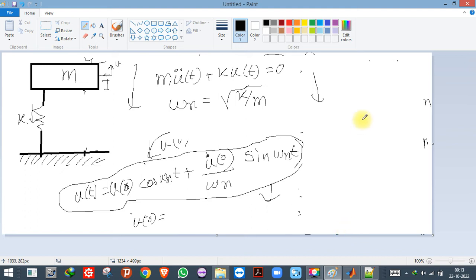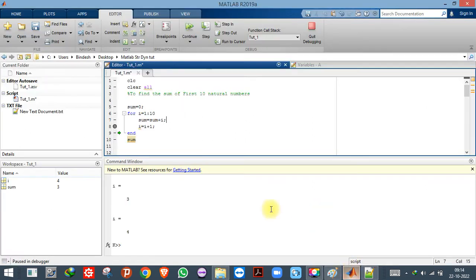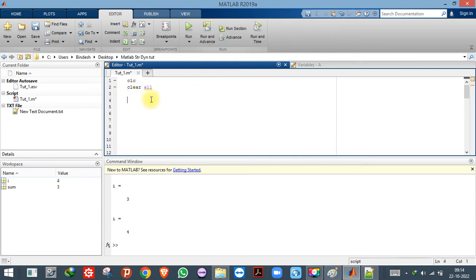Now we'll try to make this code in MATLAB. So let us first quit everything. I'll write U of t equal to, okay, everything I'll use capital letters.